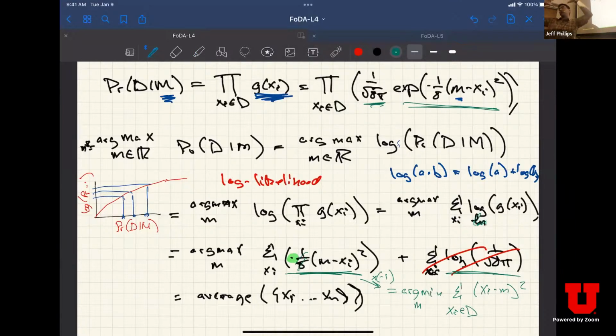I've got a function, I've flipped it upside down. And now I'm minimizing the sum of the squared distances to my data set, and that turns out to be minimized by the average. If I take the average of these things. Yeah, great. Question.